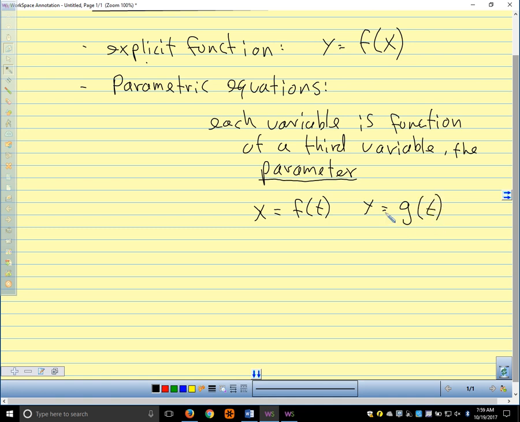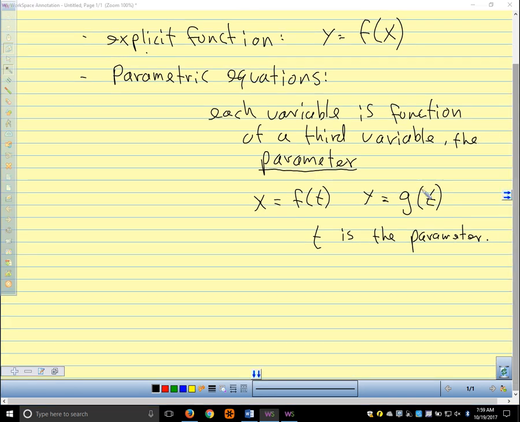So we have some function that gives us our x coordinate, some function that gives us our y coordinate, and t is the parameter. For some things that we'll do, we will choose the parameter in a way that makes things work out nicely. So this is what we call a set of parametric equations.